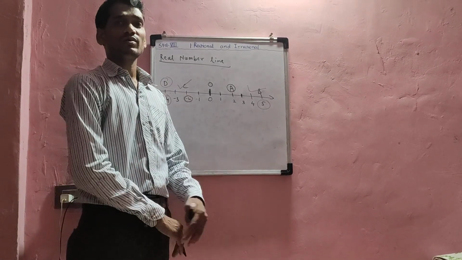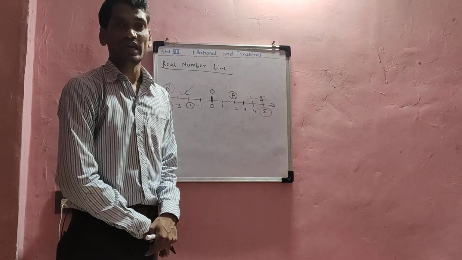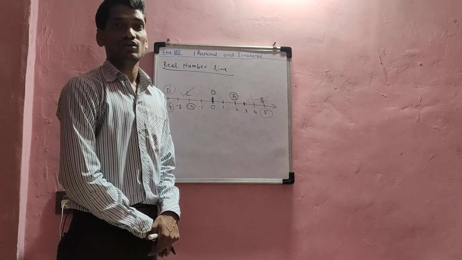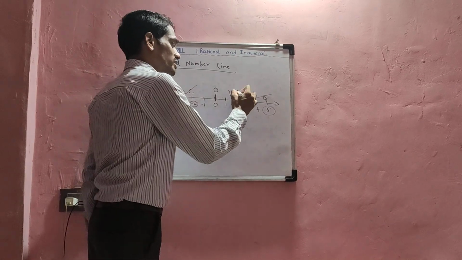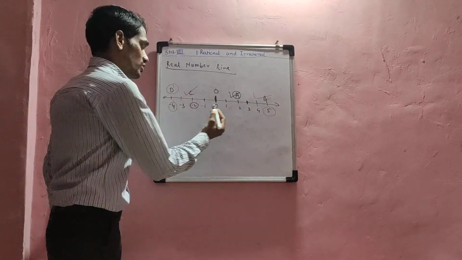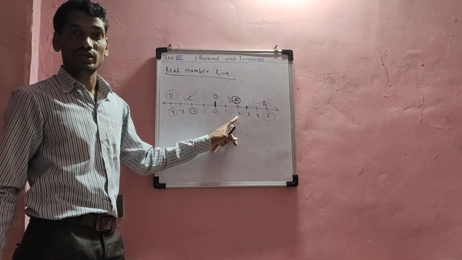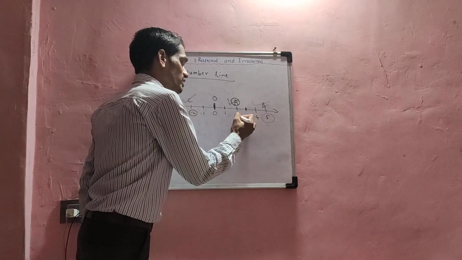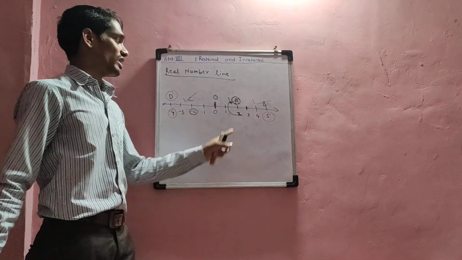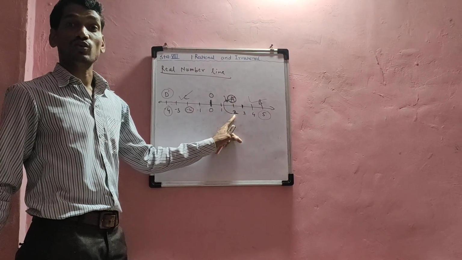So in the exam, the question will be asked: find the coordinate of point A. So the coordinate of the point is what? 2 here. Number 2 is represented by which point? A point. So the coordinate of point A is number 2.